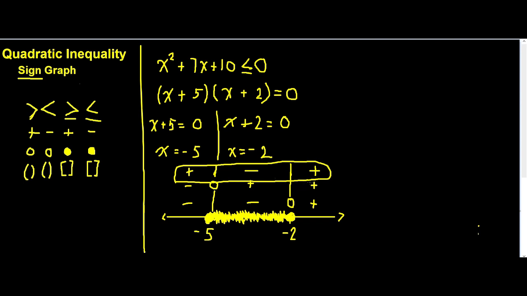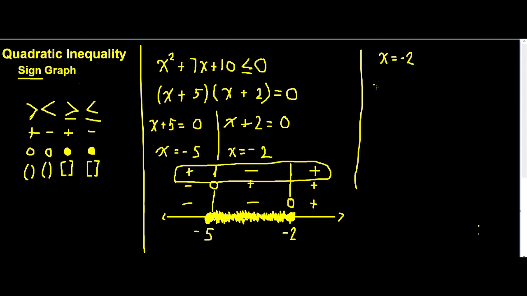Let's say for example, since close circle si negative 2, i-substitute natin siya. X is equal to negative 2. Since part dapat siya ng solution kasi close circle yung ginamit natin, when I substitute, dapat magiging true.